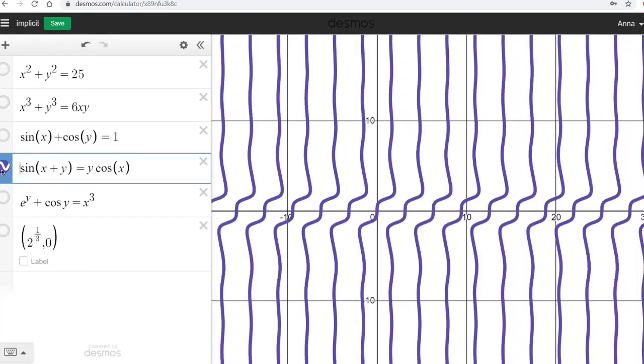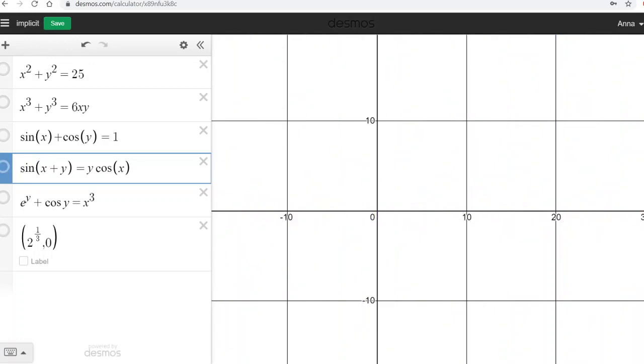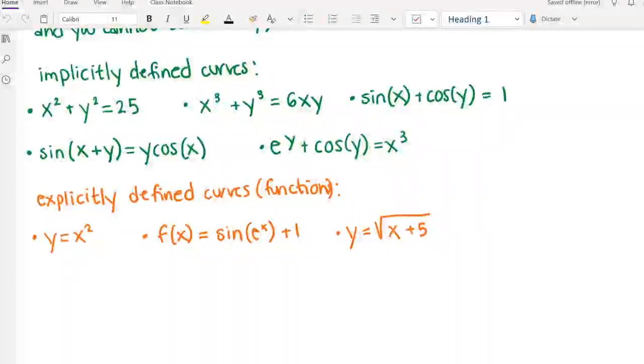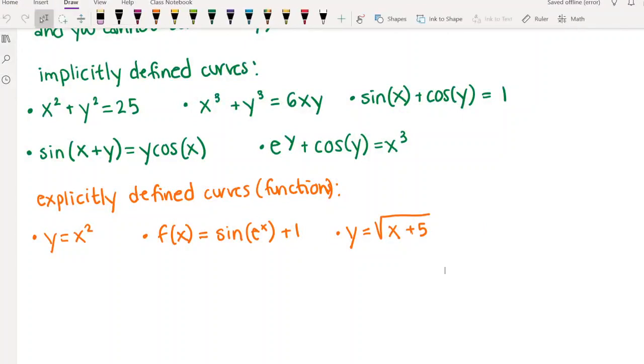And yeah, let's now try to talk about how we're going to take the derivatives of them. So why do we need a new method for taking derivatives of implicitly defined curves? Well, it's basically because all of the rules that we know so far only work when we have functions like the ones that are listed here in orange, right?